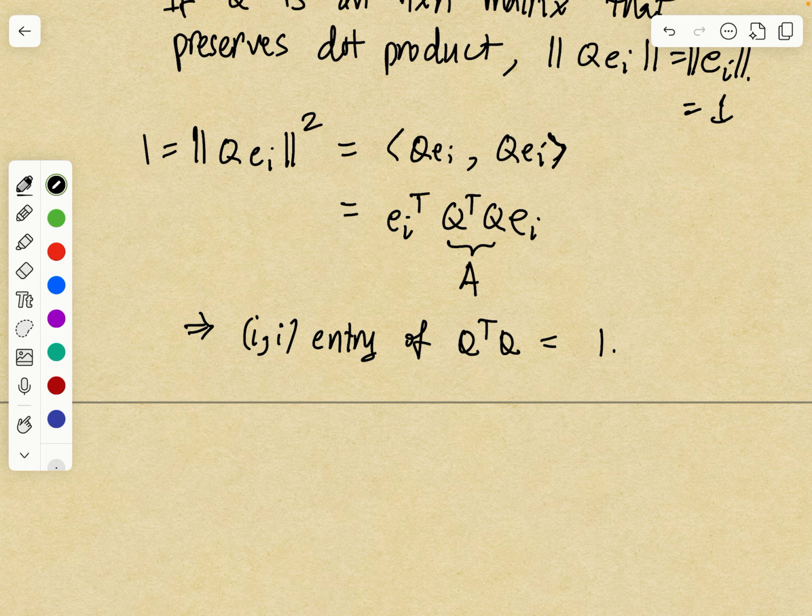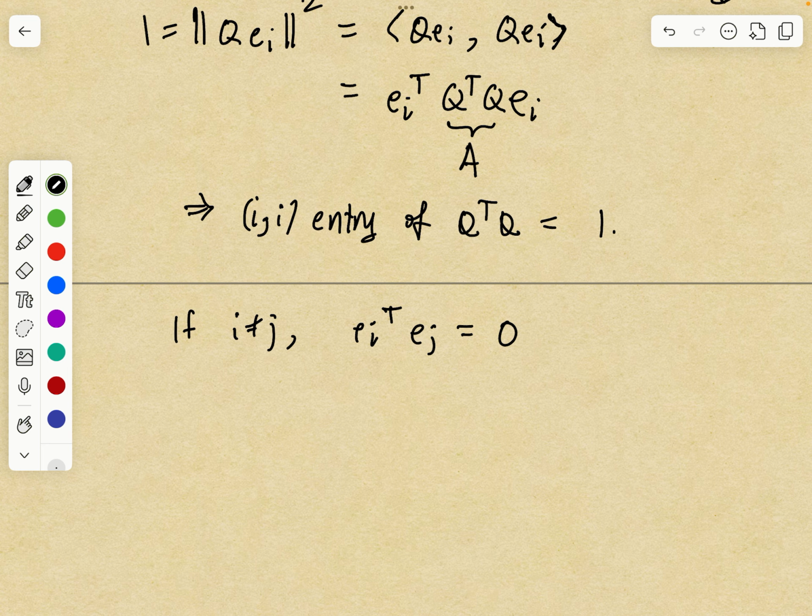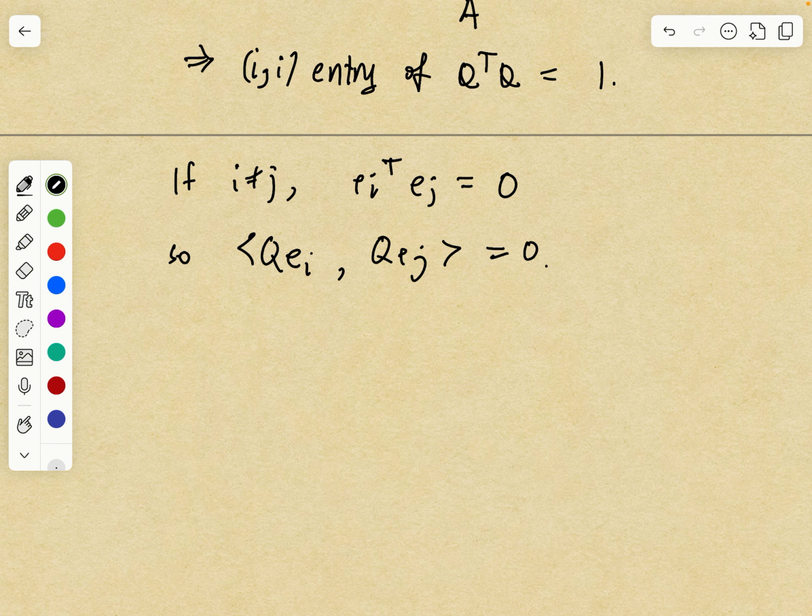Okay, what if i and j are not equal? Well, if i is not equal to j, then we know that e_i transpose e_j is equal to 0. And so therefore, Qe_i dot Qe_j must be 0, because Q preserves the dot product.